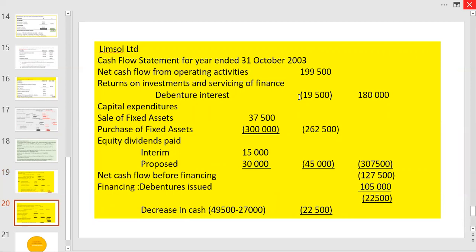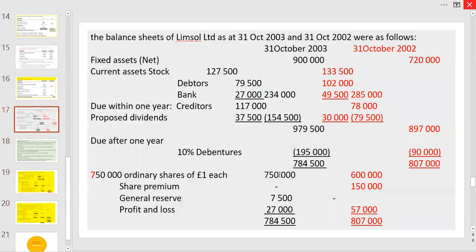All the details in this answer we have already discussed except the proposed dividend of 30,000. If you see the question in the opening balance sheet, there is a proposed dividend of 30,000 from the previous year, which is now paid and shown as outflow.